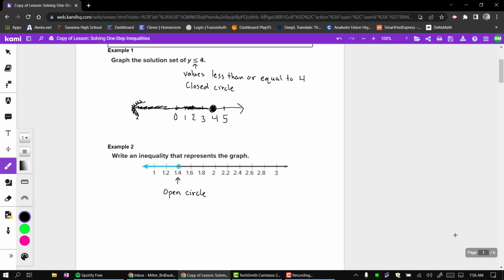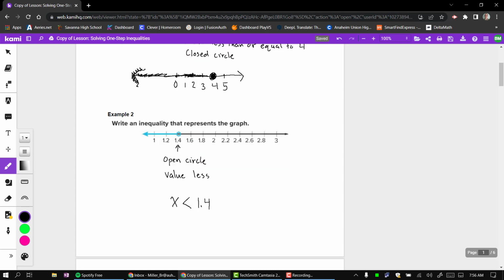So these are values that are going to the left, so those are values that are less. So we're going to have x is going to be less than, it's just going to be less than because it's an open circle, and they're going to be values less than 1.4 or 1 4/10. So that's how you would do problems that look like this.